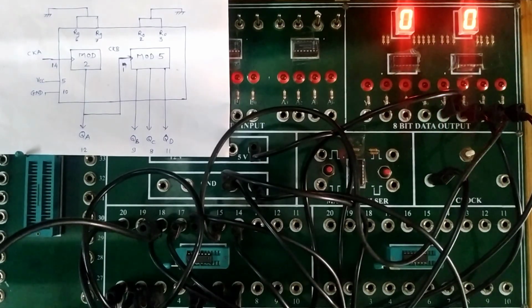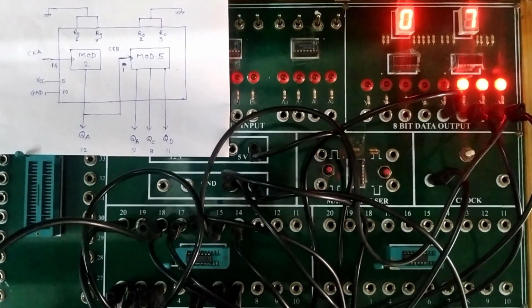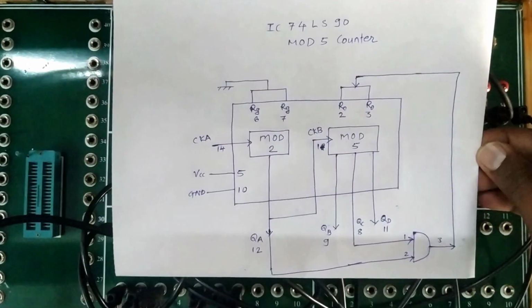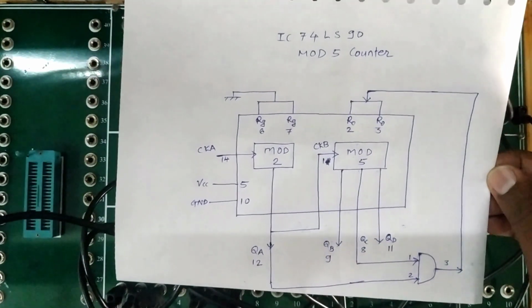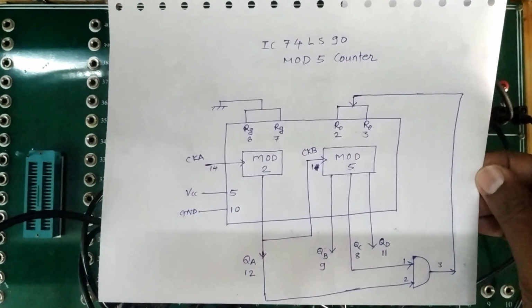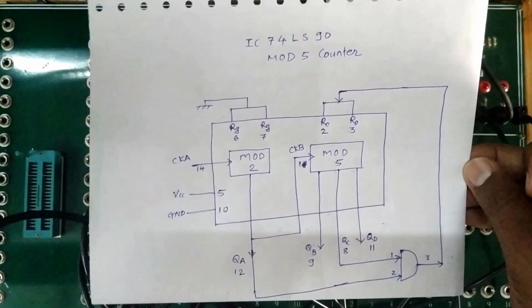After 9, it will reset and it will show next state as 0. So this is the basic function of 74LS90 IC. Now we will see the design for Mod 5 counter using IC 74LS90.